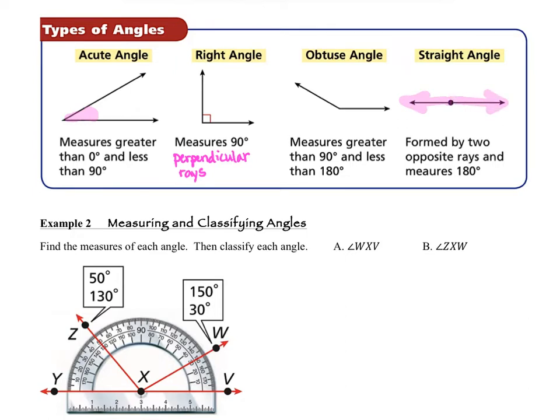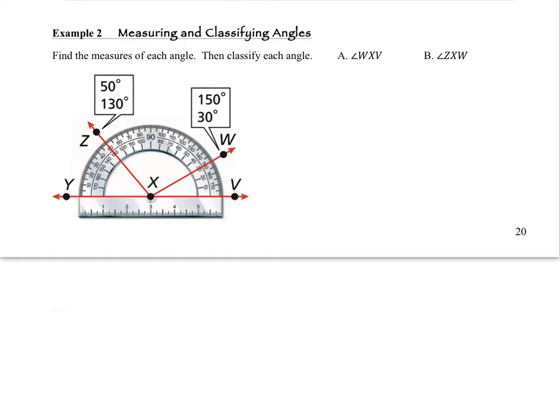All right, let's take a look at example 2 where we are measuring and classifying angles. The instructions say find the measures of each angle and then classify each angle. The first one in part A that we want to look at is angle WXV, and I've marked angle WXV in green. Ray XV is lined up with the bottom line that goes across our protractor, which creates the straight angle.